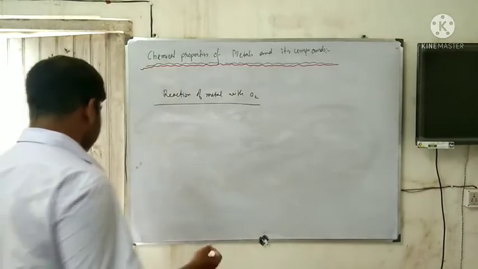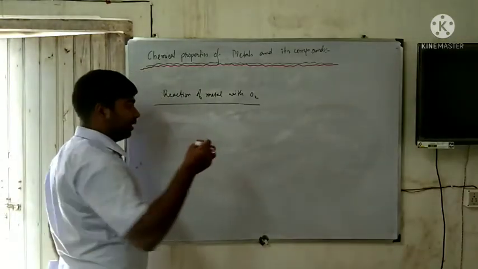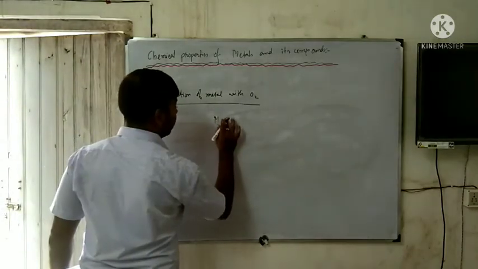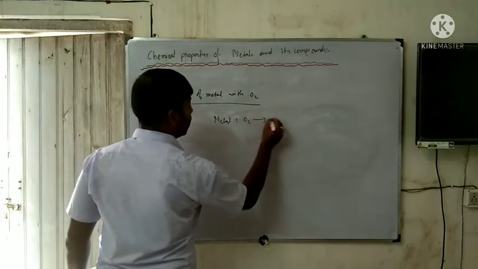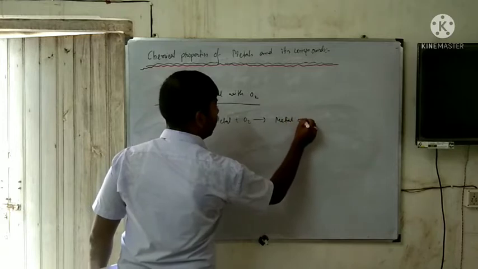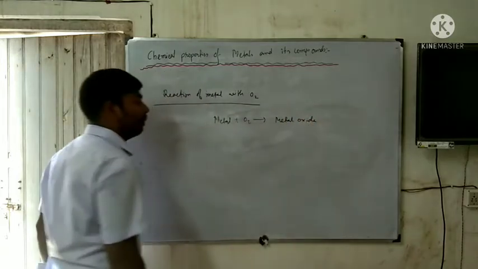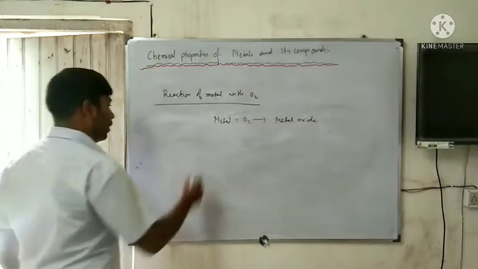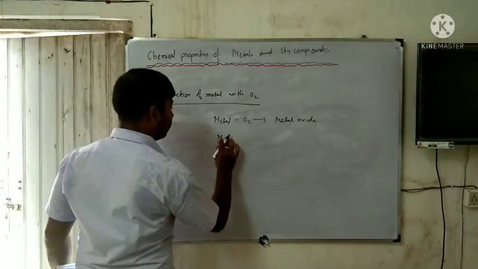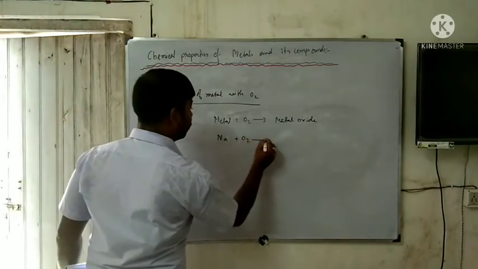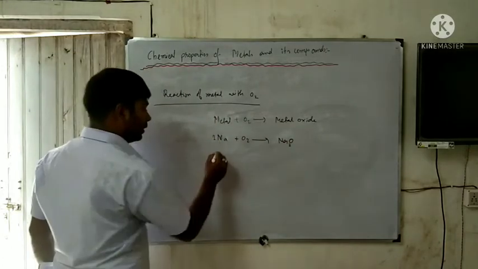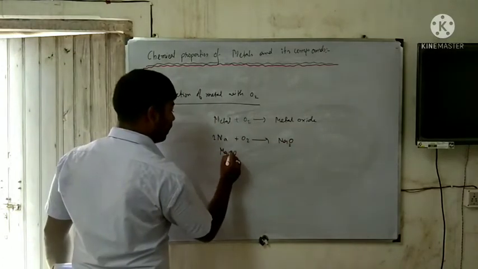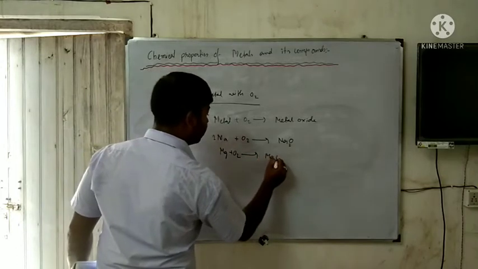For example, a generalized reaction: any metal reacting with oxygen produces a metal oxide. For example, sodium plus O2 produces Na2O. Similarly, magnesium plus O2 produces MgO.